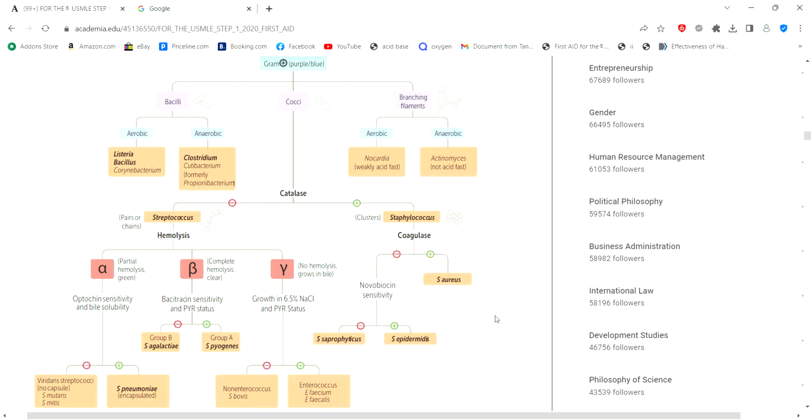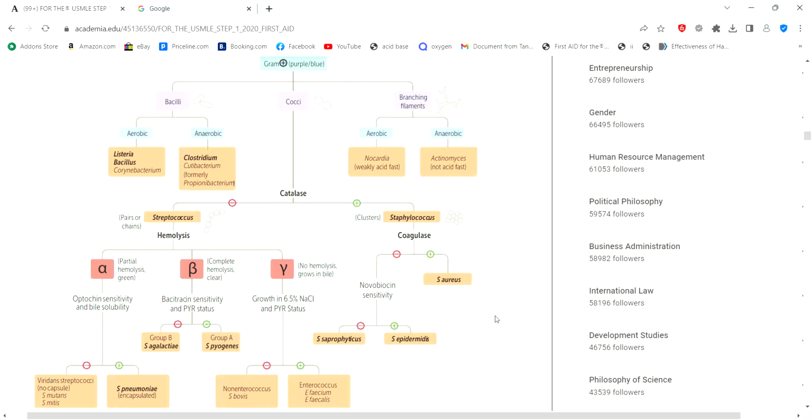And if something makes ammonia, that makes the environment more basic, more alkaline. So we'll get into that when we go into physio. But yeah, that is the algorithm for gram positives.